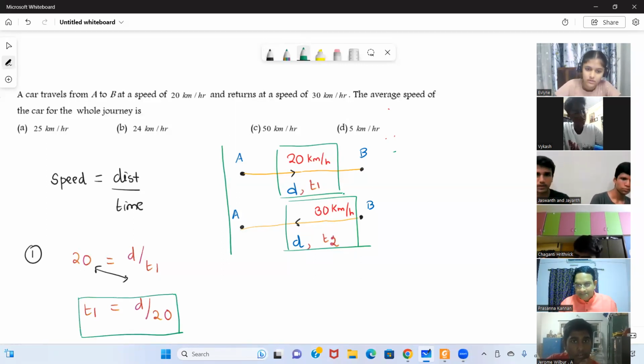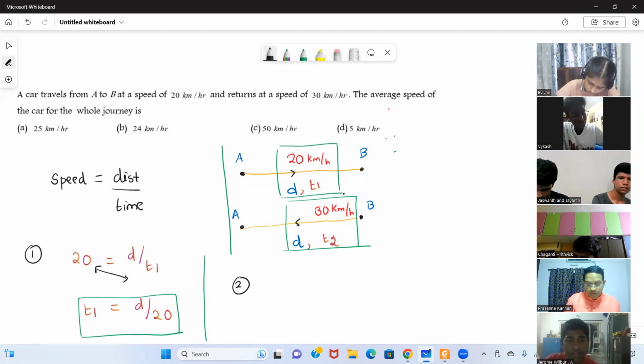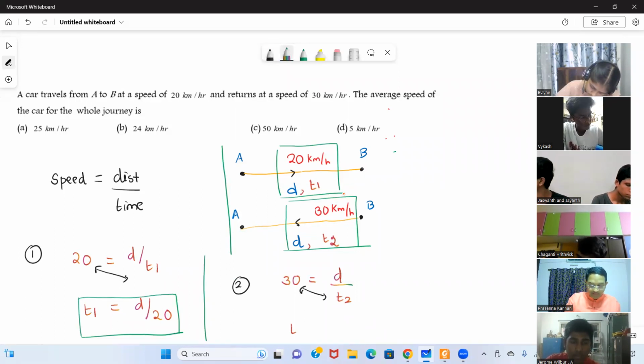Okay, now let's look at case 2. What is the speed, guys? 30. 30 is equal to the same distance divided by a different time, T2. So if I do the cross multiplication, I'll get T2 is equal to D divided by 30, all right?